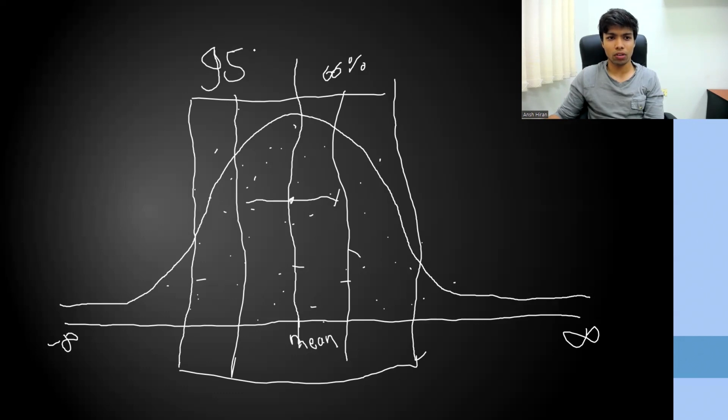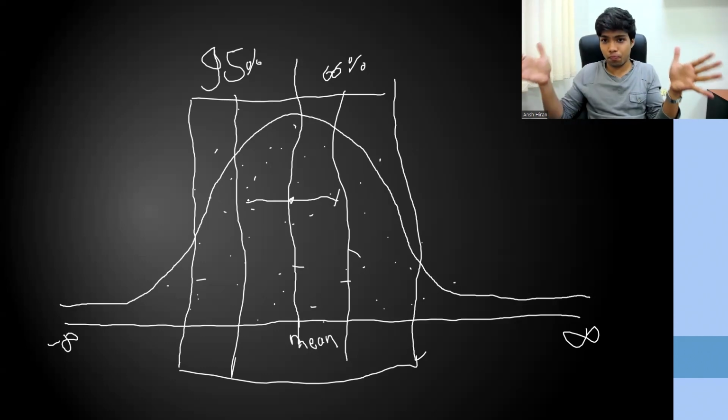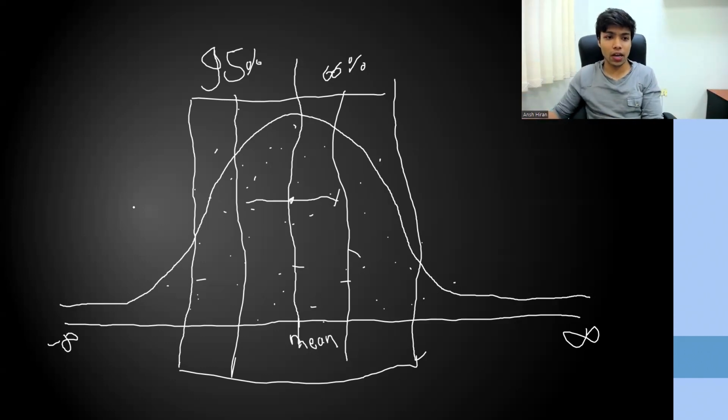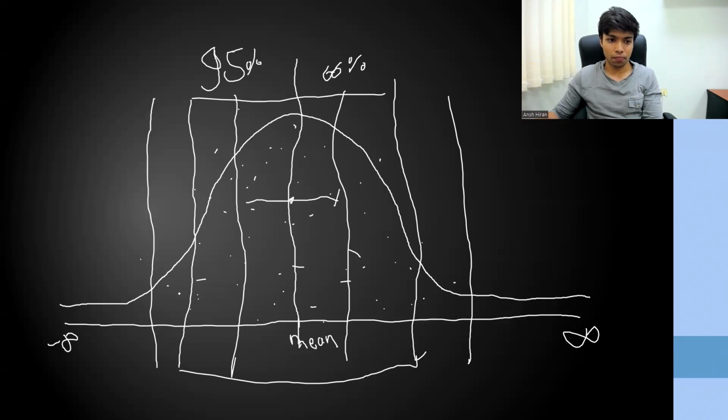I'm not sure about these percentages, but that's almost something like this. And then if you go three standard deviations away, you will be able to capture 99 point something percent of the data. So if you go three steps away, you have captured the majority of the data. There are only one or two values which are outside of this standard deviation.